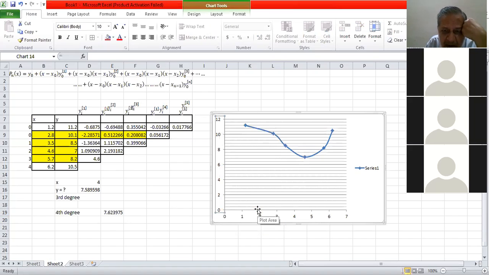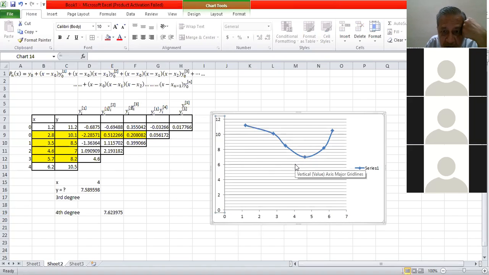Let me try. Excel. Now see. At x equal to 4, 6.5, नहीं, ये 5 हिस्से किए, 6 और 8 के 5 हिस्से किए, तो एक हिस्सा कितना हुआ? 2 divided by 5, 0.4.